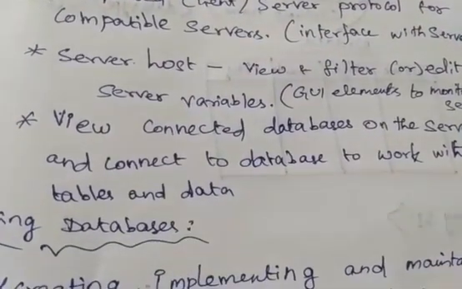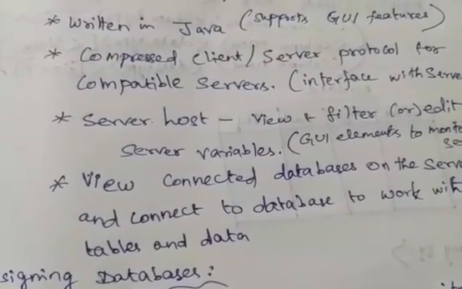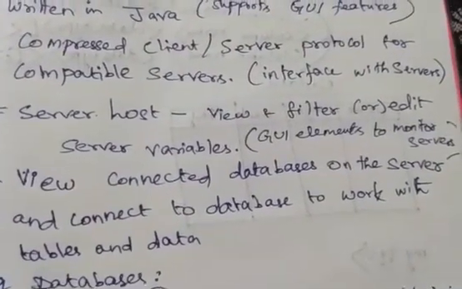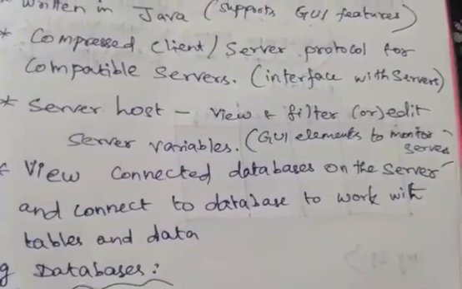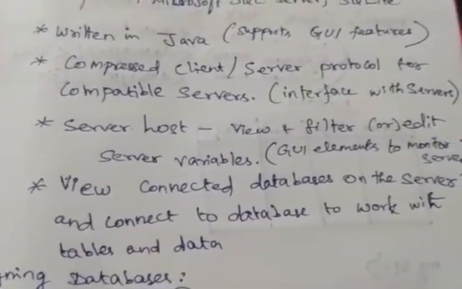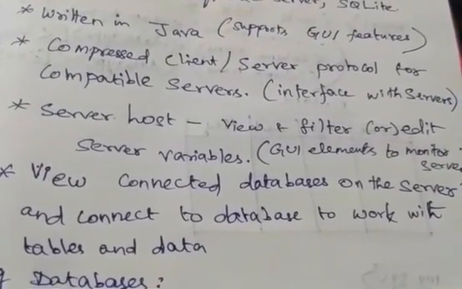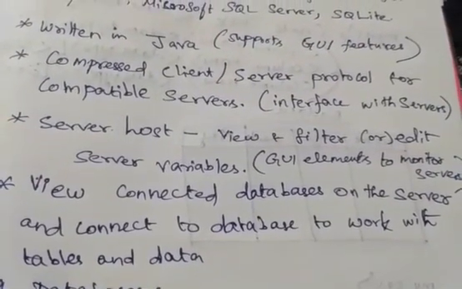So here it is used to view all the databases connected on the server. Last time we have seen about MySQL. In MySQL there is one default table named the user table. In your book we have studied it already.